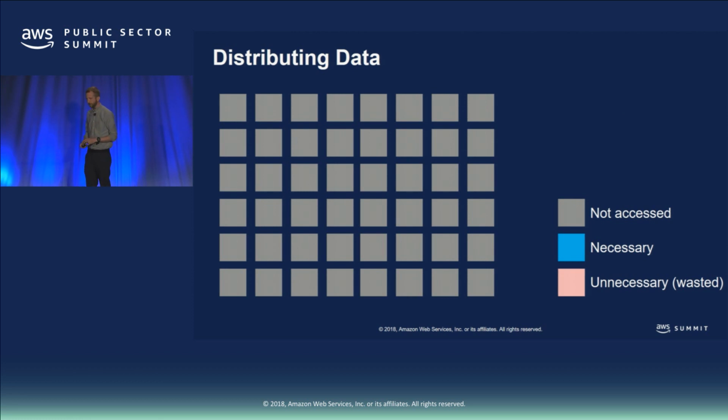So let's imagine that we have this data set that's made up of these gray squares, and they could represent anything from gigabytes or megabytes or gene sequences or satellite imagery scenes or something like that.